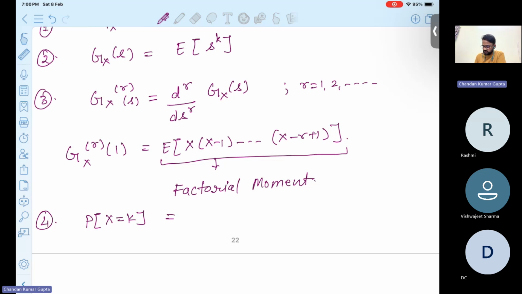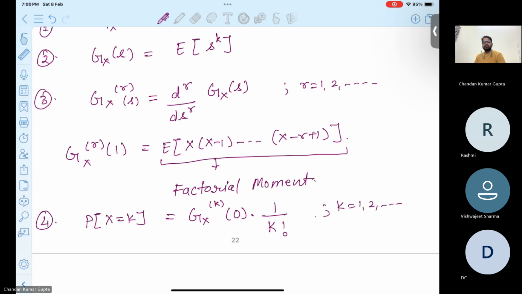It is defined as G_X, the kth order differentiation, at s equal to 0, multiplied by 1 upon k factorial, for k equals 1, 2, and so on. So this is how we calculate this.